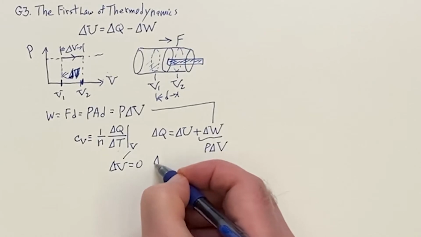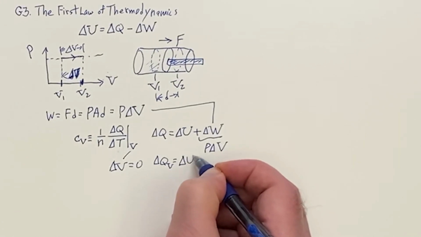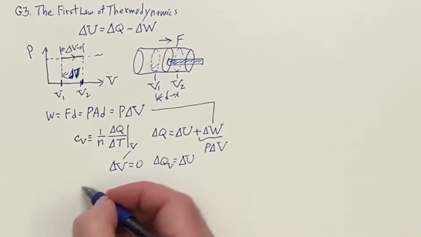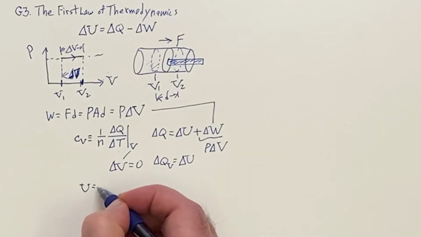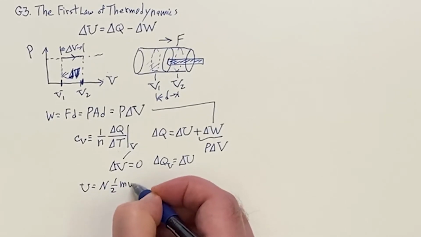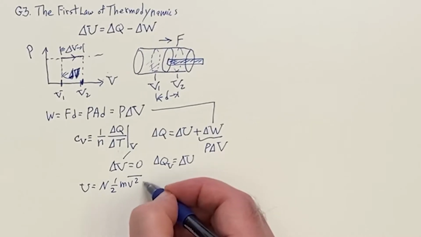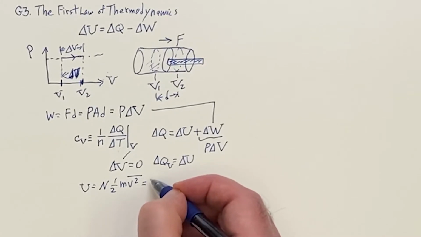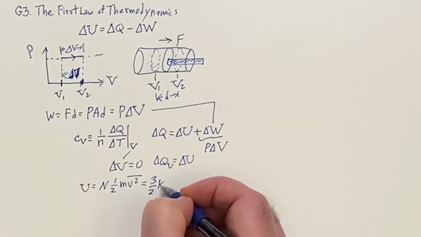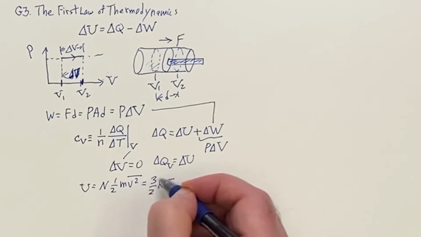So that means delta Q at constant volume is going to be just a delta U. But we know what the U is. The U is N particles times 1/2 mv squared, the average. And we know that this is going to be 3/2 kT, and there's an N in there.